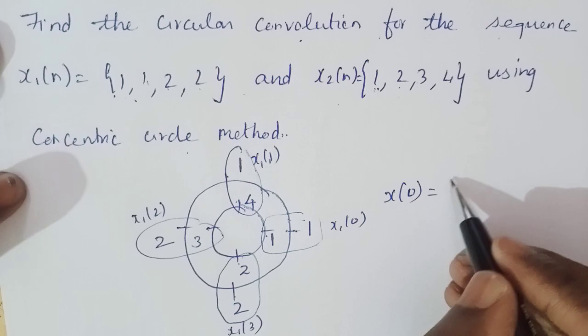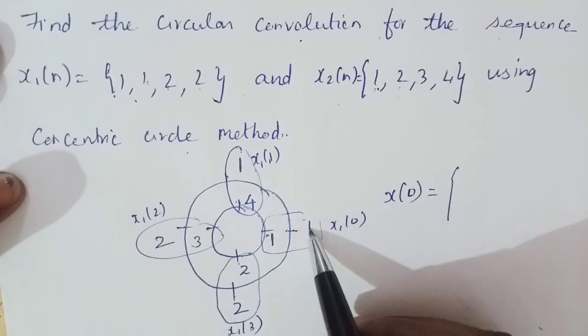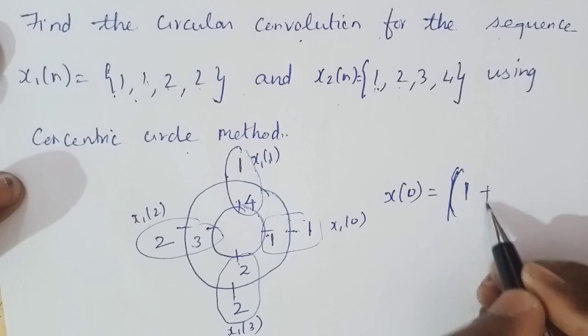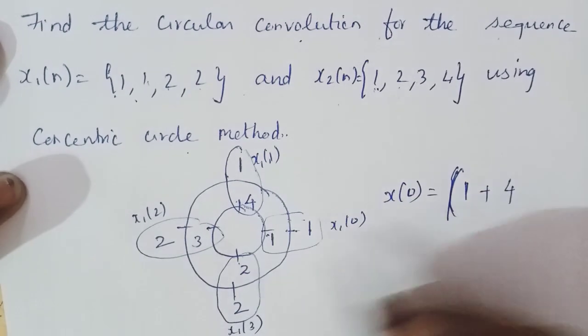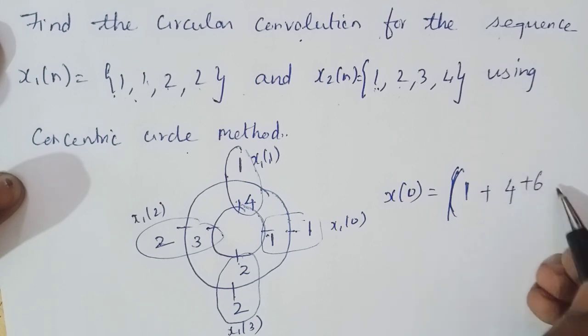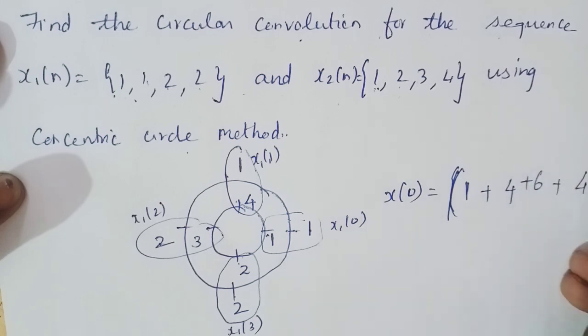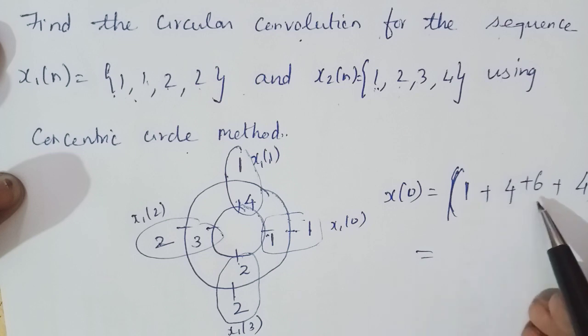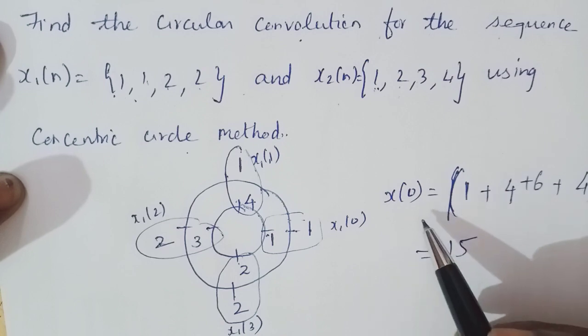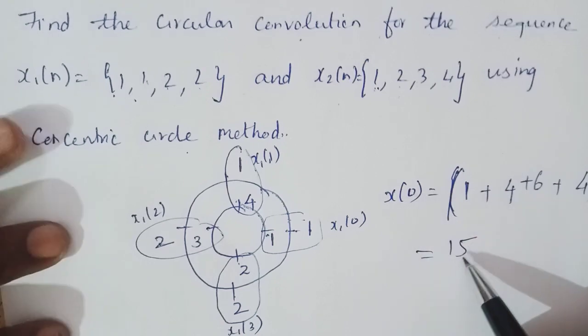The first element is 1 into 1, which is 1, plus 1 into 4, which is 4, plus 3 twos are 6, plus 2 twos are 4. If we add together, it's 10 plus 4, 14, plus 1, 15. So the first value x(0) is 15.